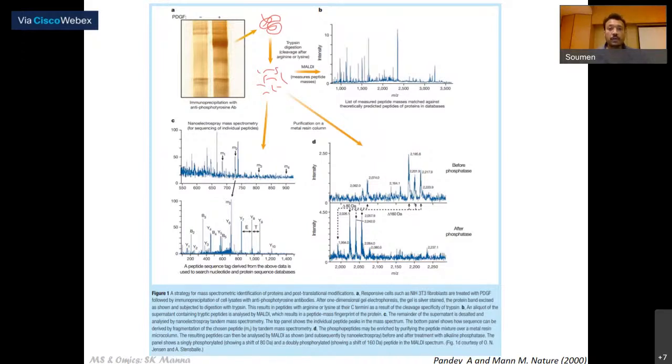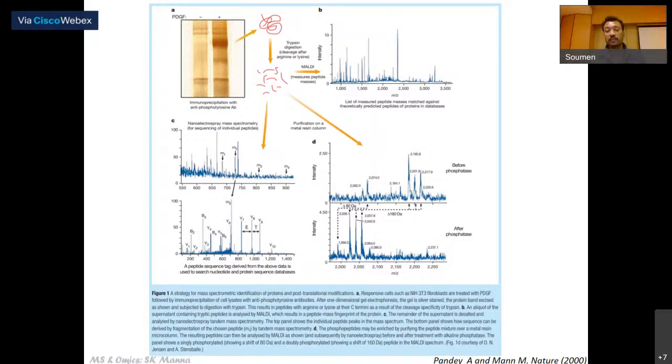As we said, once you have these tryptic digests, you can analyze them by MALDI, or by ESI, and oftentimes it is connected to liquid chromatography. Sometimes you can also enrich those peptides using different types of affinity chromatography like metal resin chromatography, such as titanium dioxide or iron oxide columns, which can enrich phosphate-containing peptides.